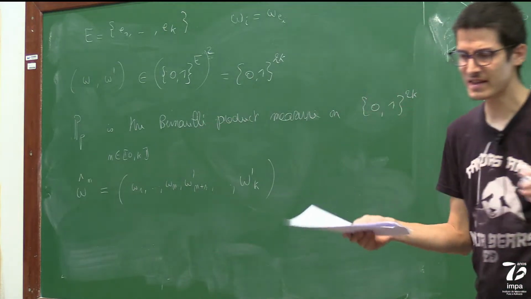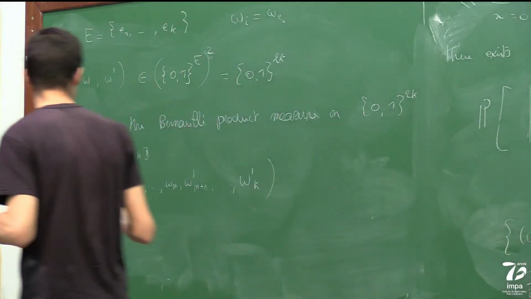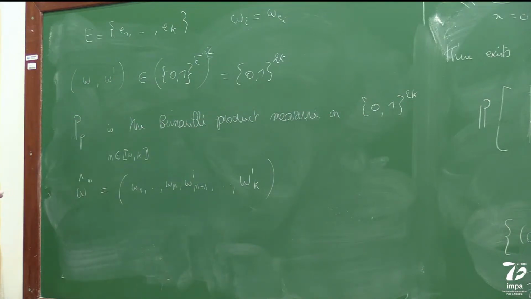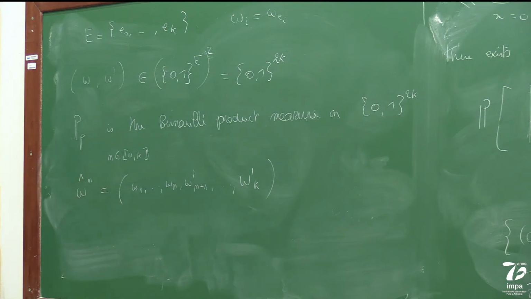So I'm defining an environment omega hat, which is just, for the edges numbered from 0 to n, I'm looking at omega, and for those numbered from n plus 1 to k, I'm looking at omega prime.